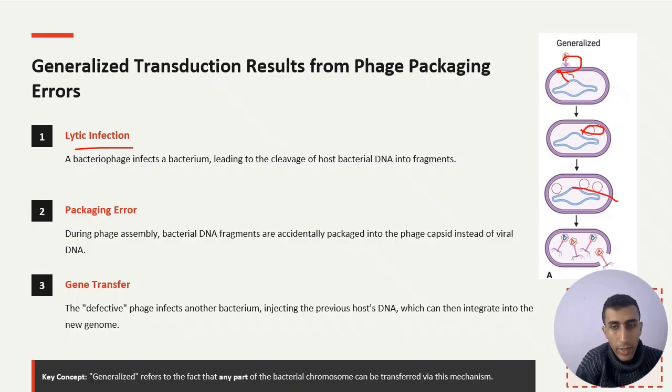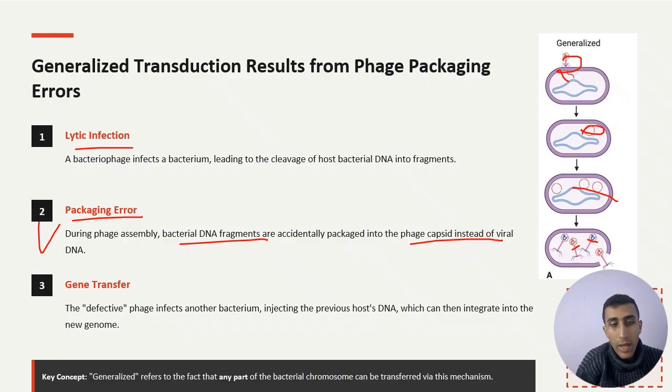During the phage assembly, there can be a packaging error. The phage is supposed to take its own genetic material that it injected into the bacteria, but by error, bacterial DNA fragments are accidentally packaged into the phage capsid instead of viral DNA. So we've got some phages that have taken their own genetic material, and others that have taken the genetic material of the bacteria, shown in blue here. So this is a packaging error.